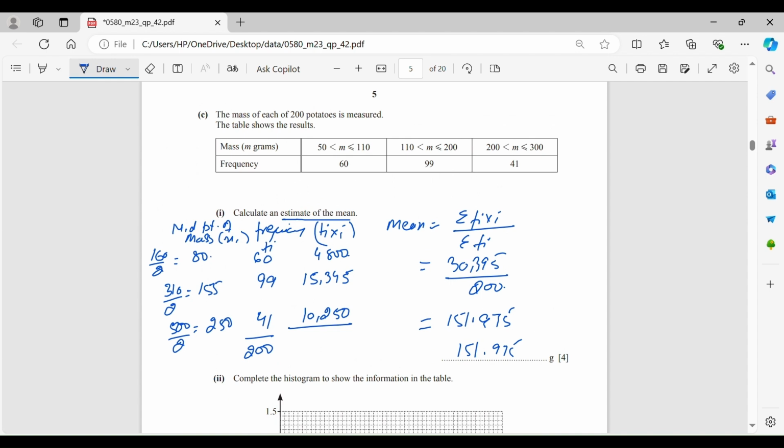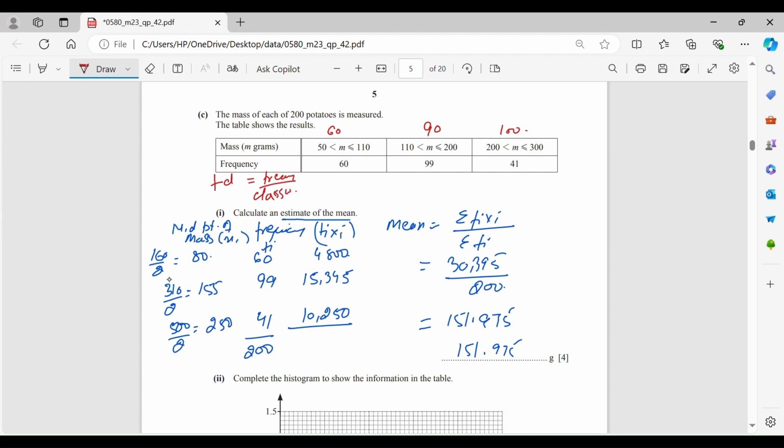Let me change the color of my pen so that you can understand in a better way. Class width here will be 60, here the class width will be 90, and next will be 100. So frequency is given. So FD, frequency density, will be equal to frequency over class width.